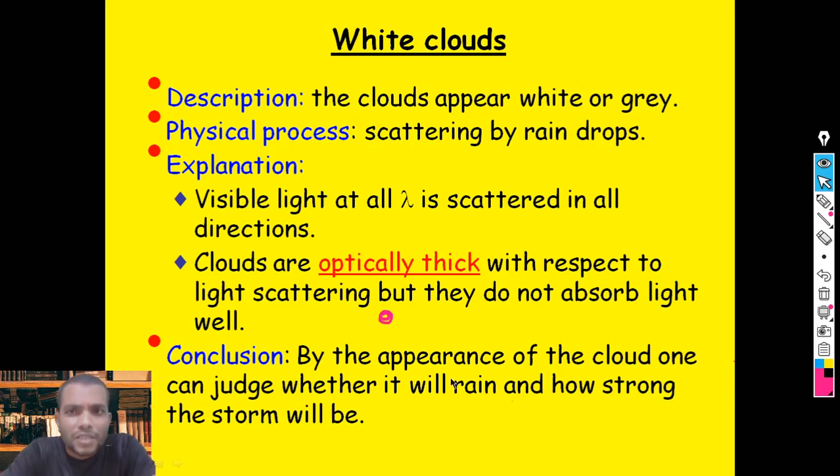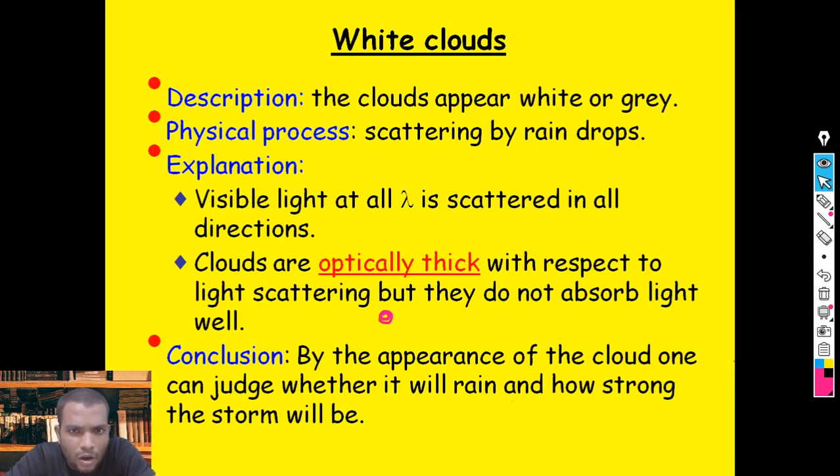So the clouds appear white or gray. Here the process is scattering by raindrops. Visible light of all wavelengths is scattered in all directions.